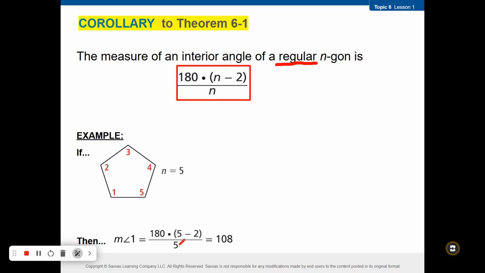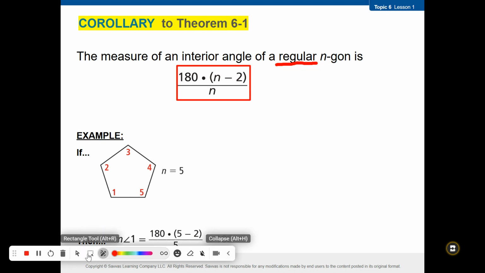But then we're going to divide it by the number of sides we have, giving us a total that each of these is equal to 108. Okay? Questions on that? Anybody still writing? Okay.